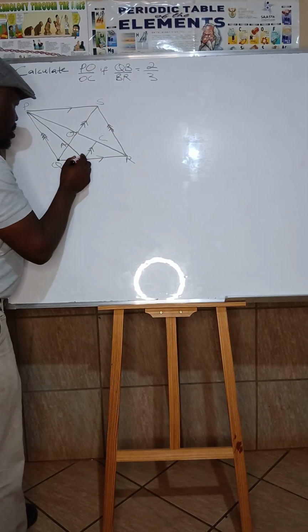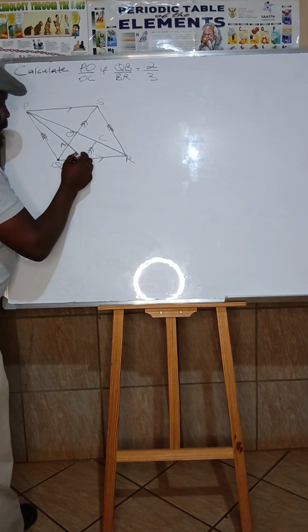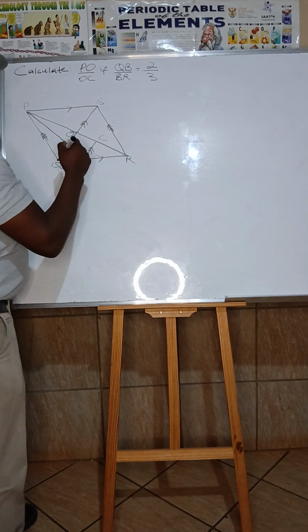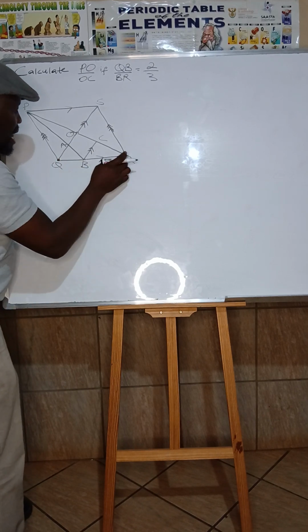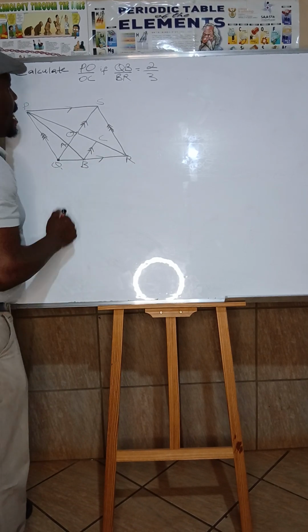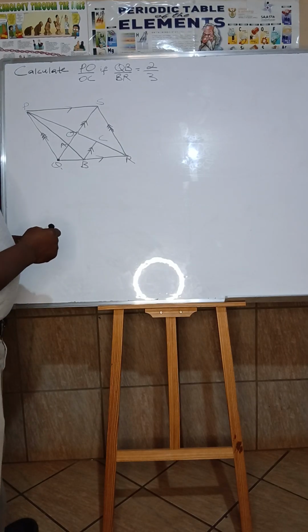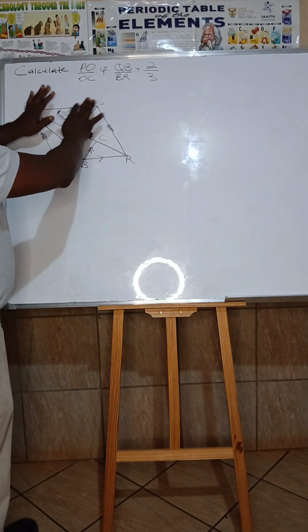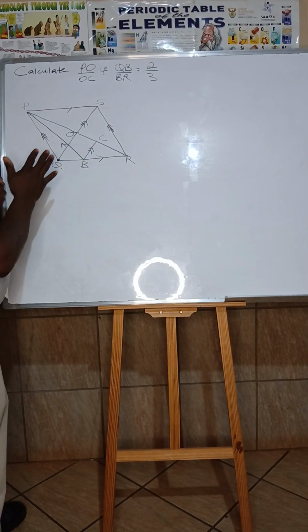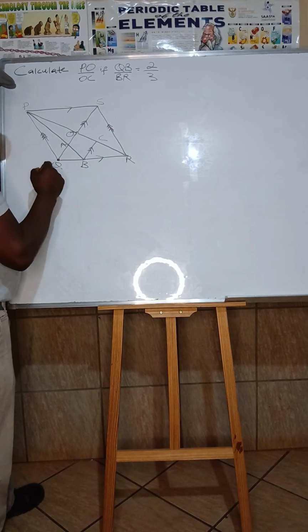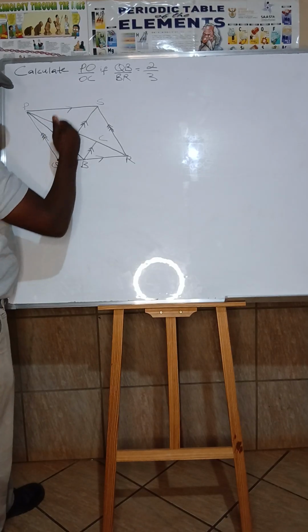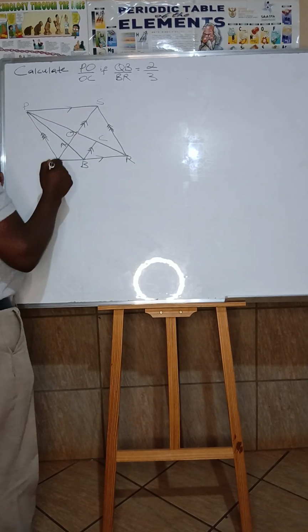Okay, there's QB and there is QR. QB and BR. Now, in analyzing this diagram carefully, you can see that we're given BC to be parallel to QS.